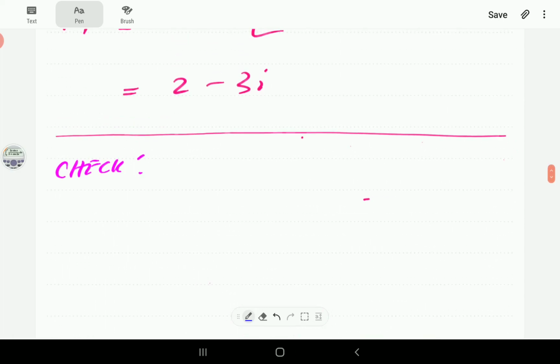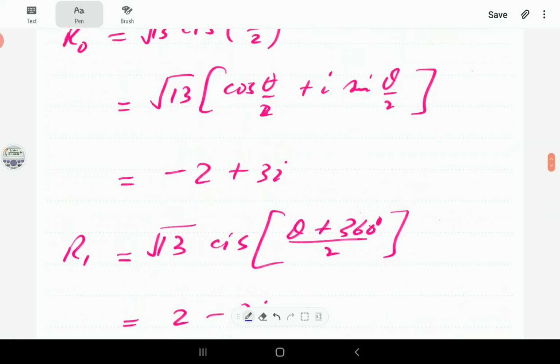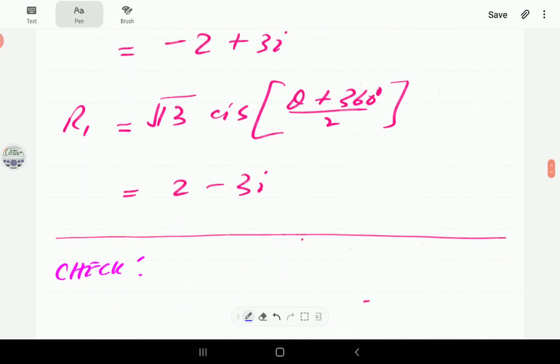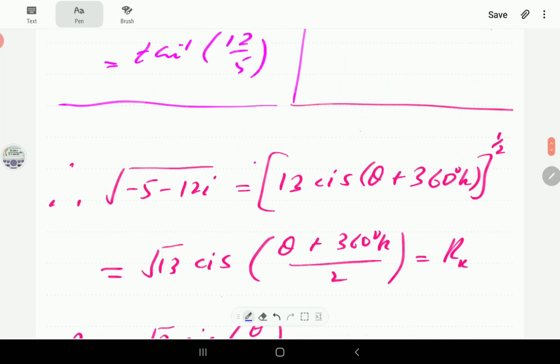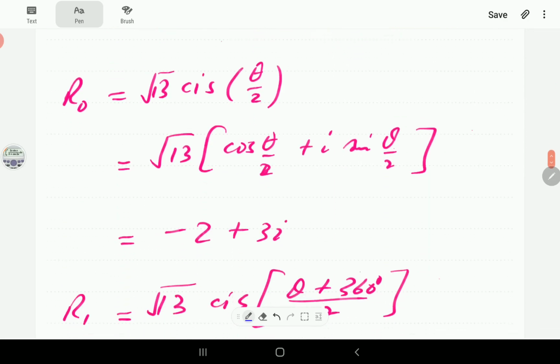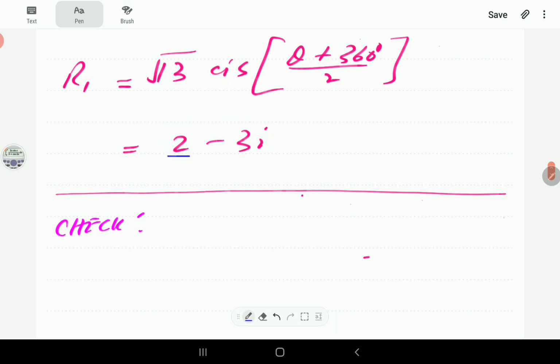Before we go on to part B, we just want to demonstrate that for part A, if this is the square root of minus 5 minus 12i, then when you square this, you must get minus 5 minus 12i. So let's see whether that works out.